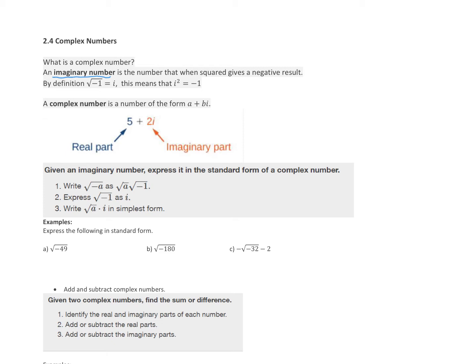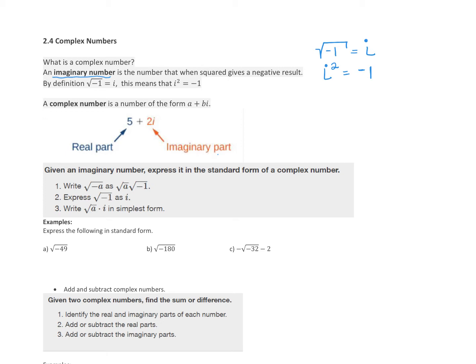So by definition, the square root of -1 is the imaginary unit i, so that when you square it, you get -1. A complex number is going to have a real part and an imaginary part.